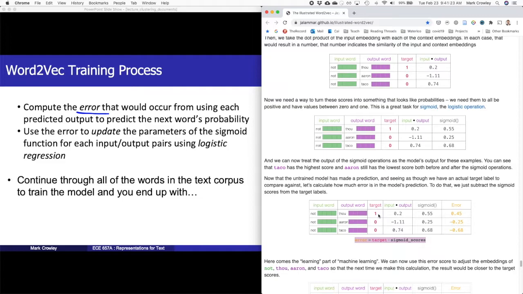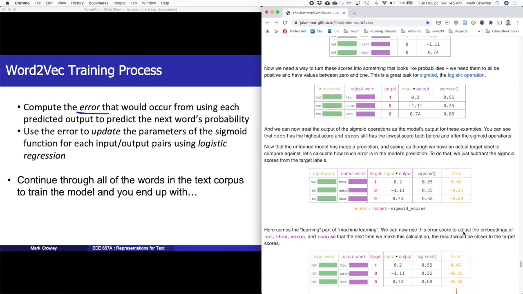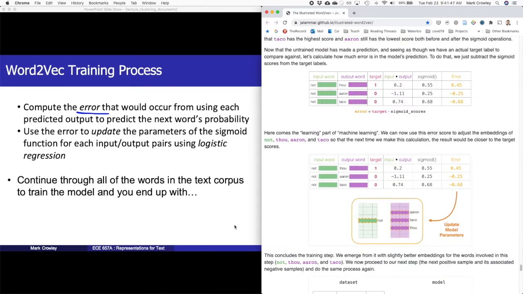So the way we're treating the target is 1 or 0. If it's correct, it's probability 1. If it's wrong, it's 0. And your score is being treated as a probability. So if it matches, then your error will be 0, right? If your model said 100%, it's definitely this word, then you'd have 0 error, right? And basically now you've got positive and negative scores that you can use to update a model, right?